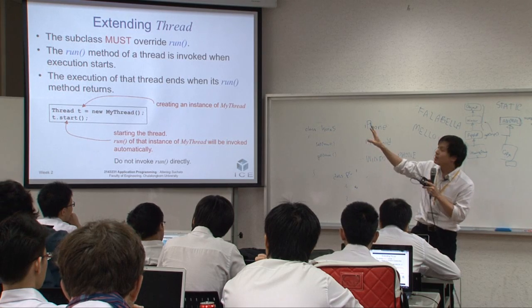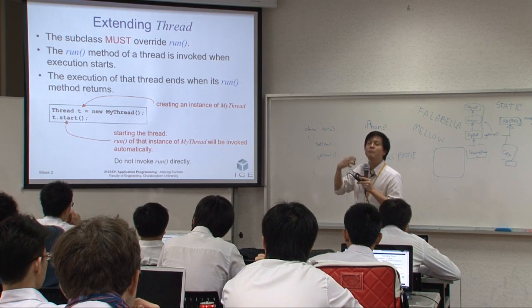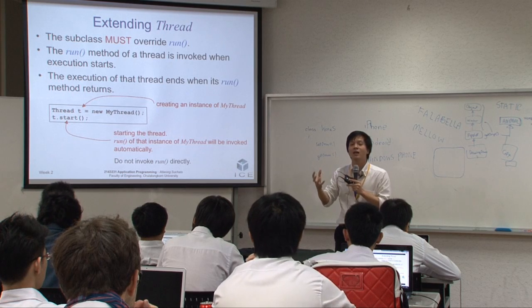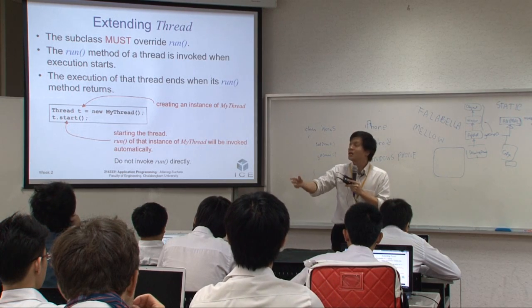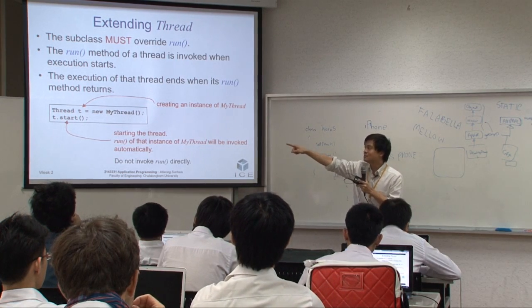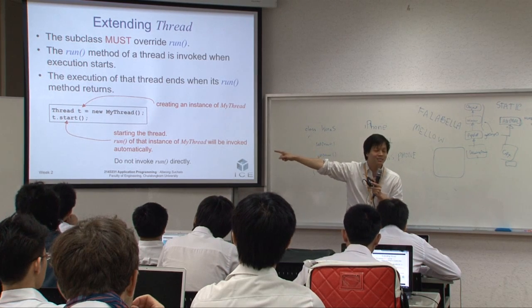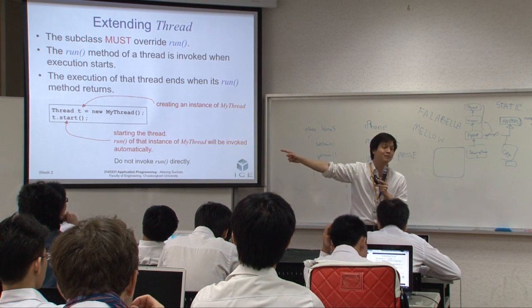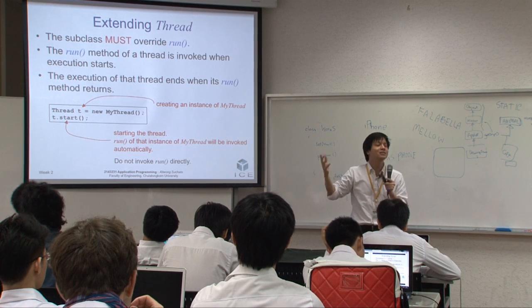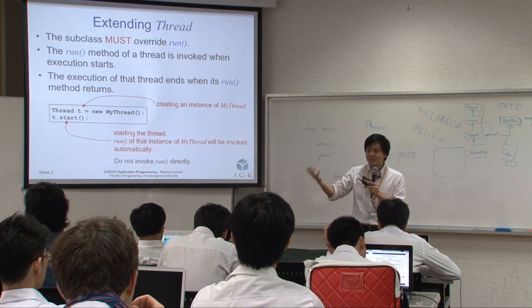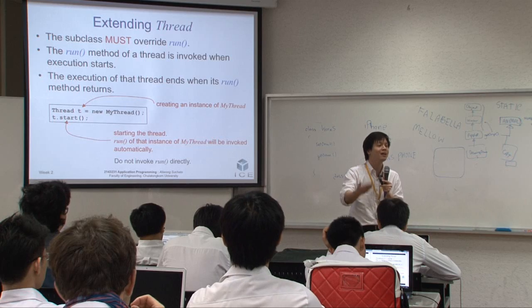Basically, what I mentioned before is that we provide the behavior of our thread in the method run. But in this box, it shows on the slides that we invoke the method start. How does this relate? Again, it's already defined in the framework.